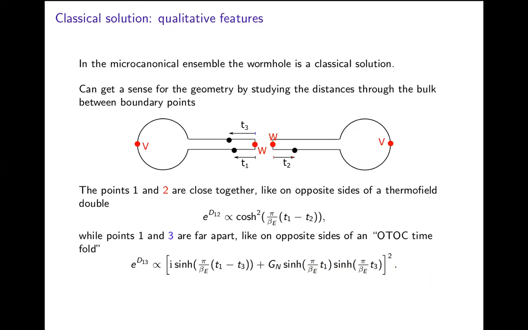So Douglas, just to confirm, this is the same kind of exponential growth as in the OTOC calculation? Yes, it's the same. Not the OTOC calculation, but it's similar. If you set T1 equals T3, then the growth with time is e to the 2 pi over beta times T. And it's the same thing that happens in an OTOC, where two points on opposite sides of a time fold like this get far away from each other.